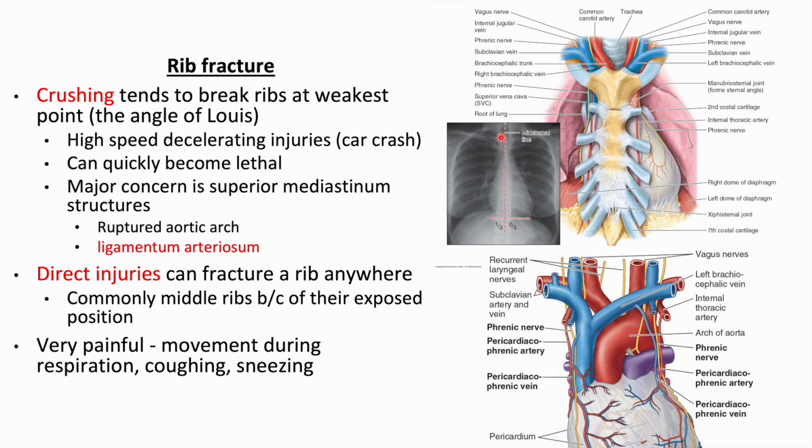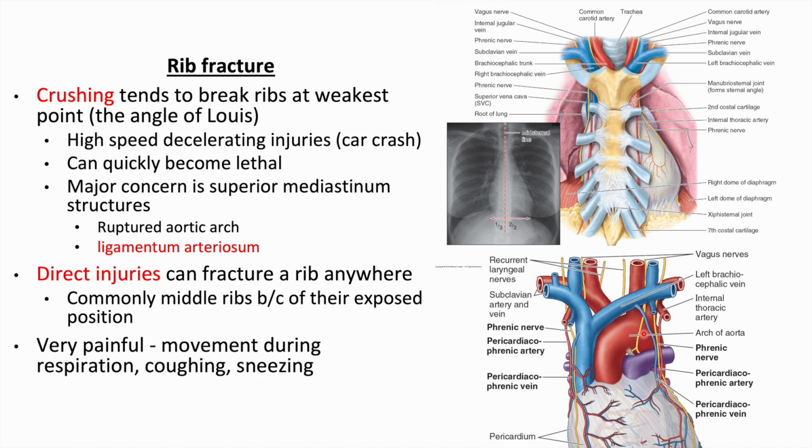The major concern is that if the sternal angle breaks, then we're posing a risk to all these really important structures behind it. The really important one that is commonly ruptured is the arch of our aorta, and you can imagine if you rupture your aorta, that's not good.